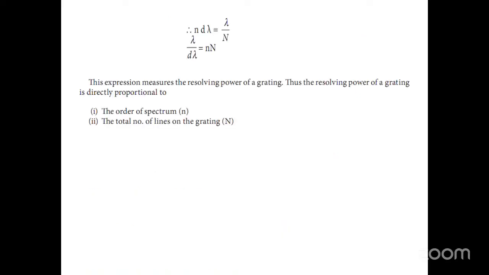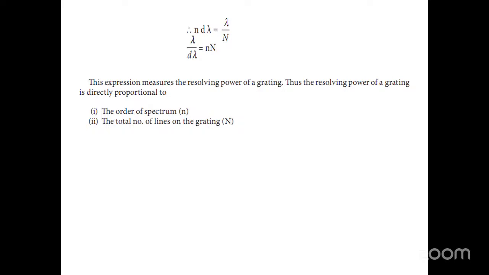So by doing the calculation part, you can go for this. That is lambda by d lambda equals n, the resolving power of a grating. Lambda by d lambda: you know pretty well that lambda is the average of the two and d lambda is the difference of the two images.